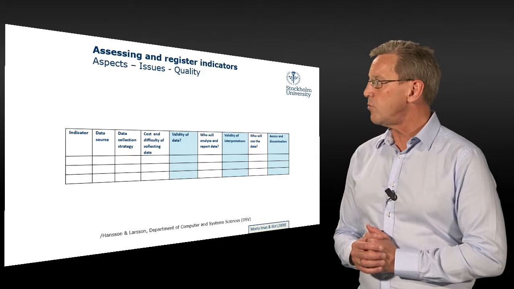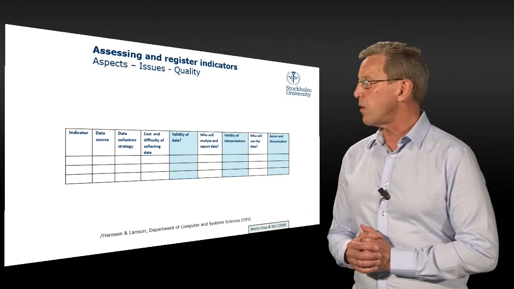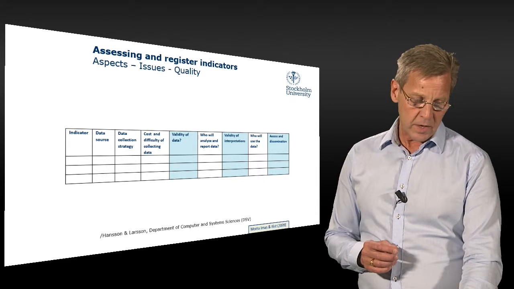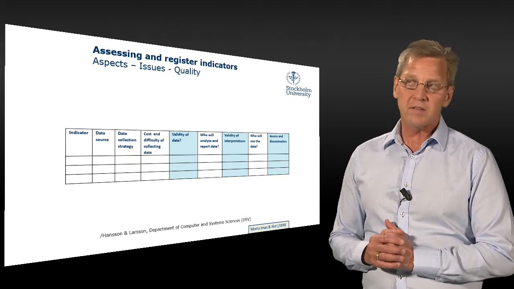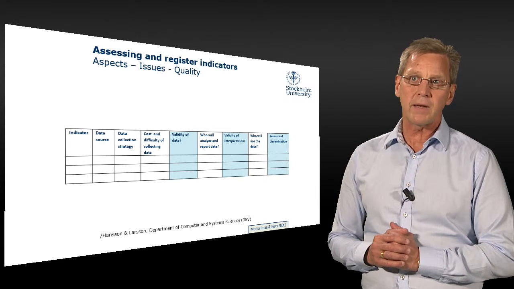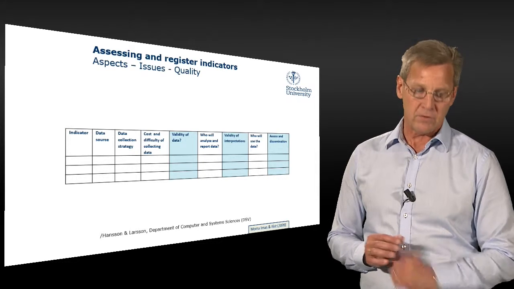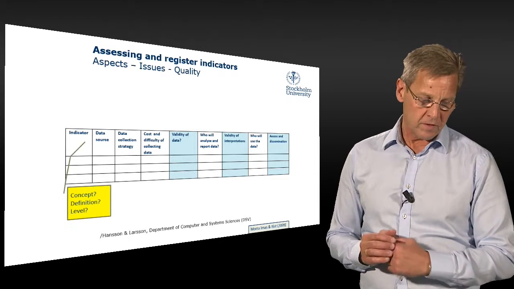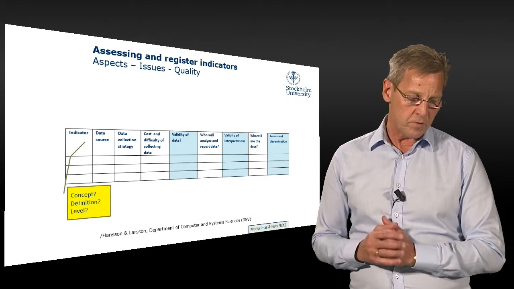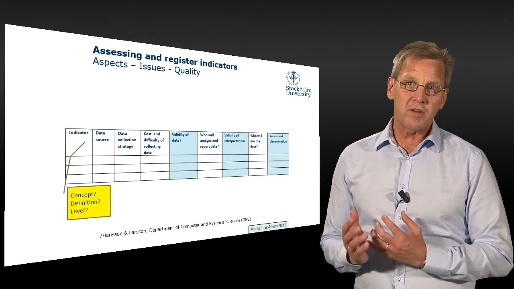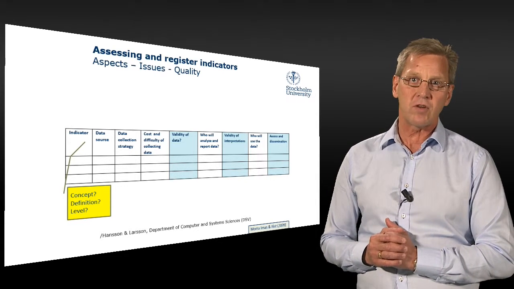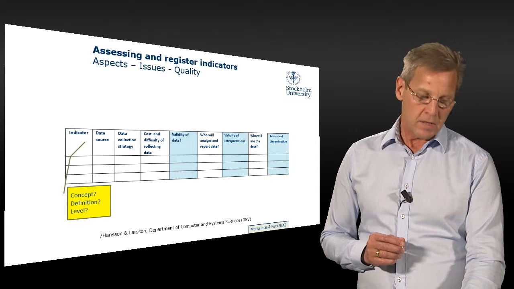Also, we have used a model for developing indicators particularly, and this one is discussing a number of things which are important to keep in mind when formulating indicators. The first is the actual name of the indicator. Is it a concept, or is it a kind of definition, or at what level is this indicator actually being developed?